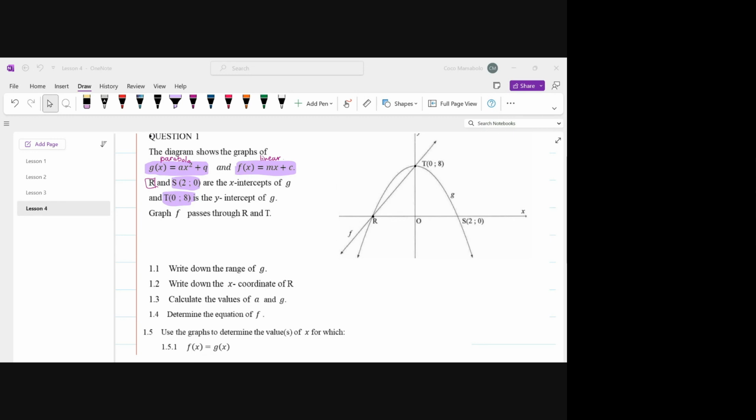Sorry, grade 10s. That question 1.3, this should read, calculate the values of A and Q, not G. Okay, just say A and Q.